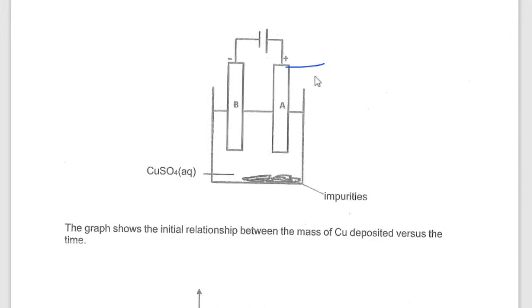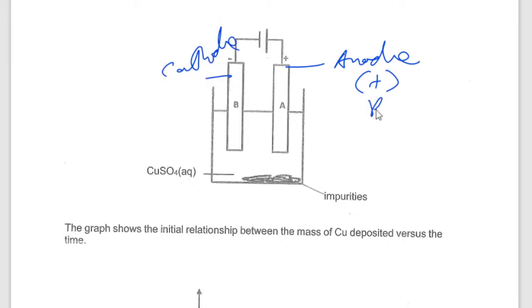This one is the anode, because this is the electrolytic cell, which is positive, and this is the cathode. And then this is oxidation, and this is reduction. So we go back and find out what they are saying.